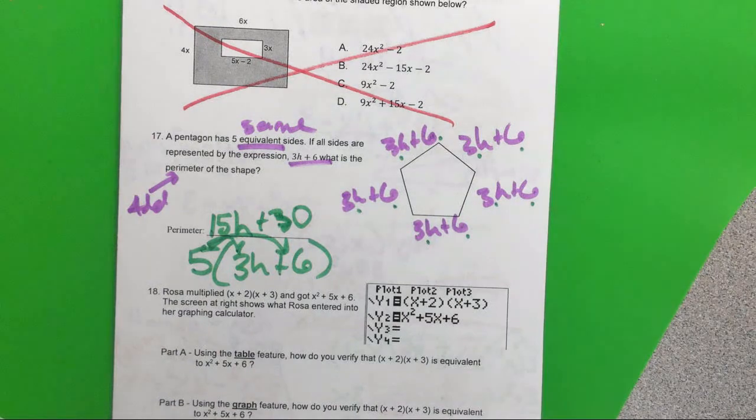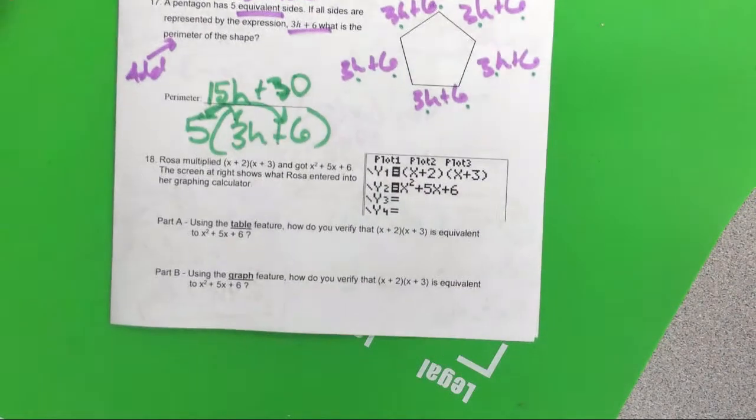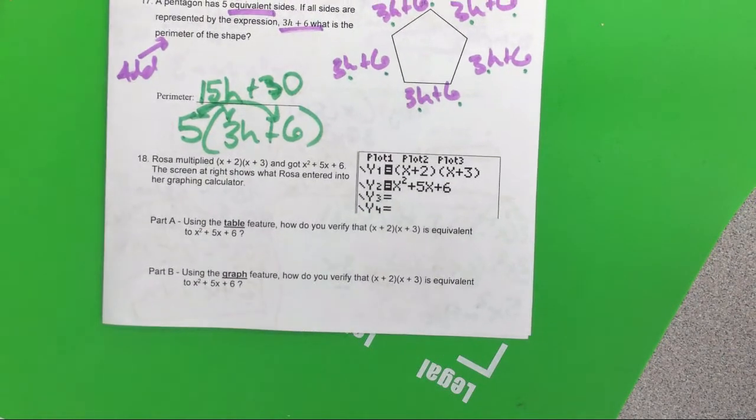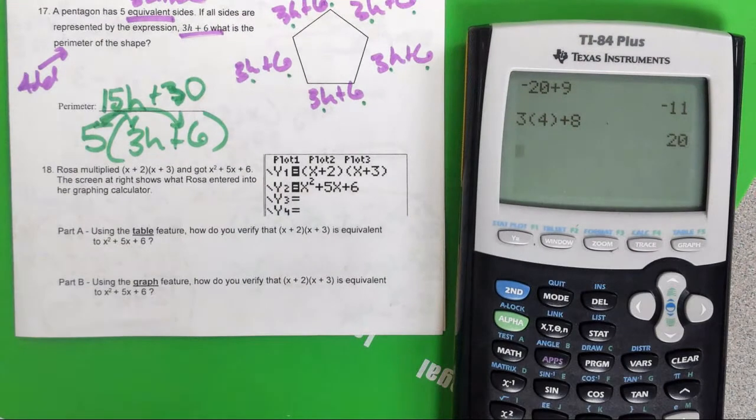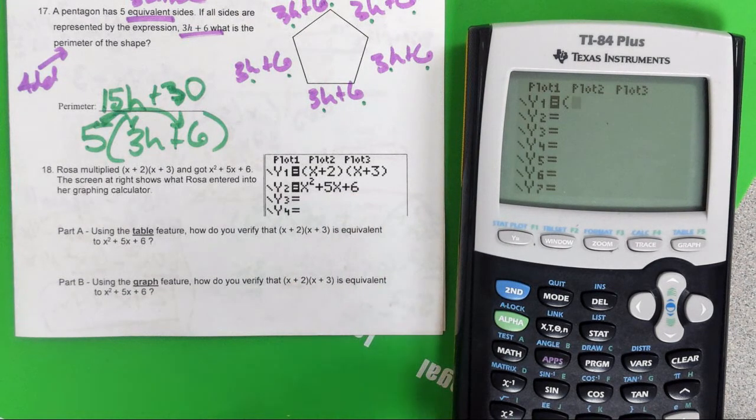This last part is talking all about how to use the calculator to check your answers. So let's get our calculator out and we can actually do it together. On the calculator, what it's showing us is that in y equals, we've got x plus 2 times x plus 3.